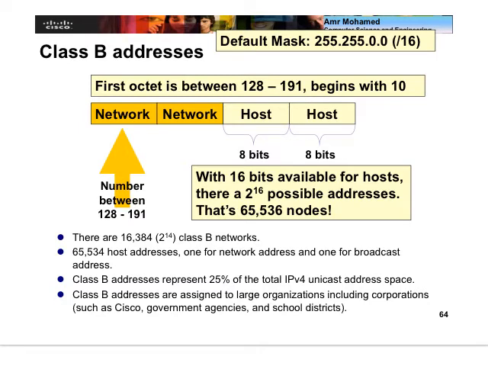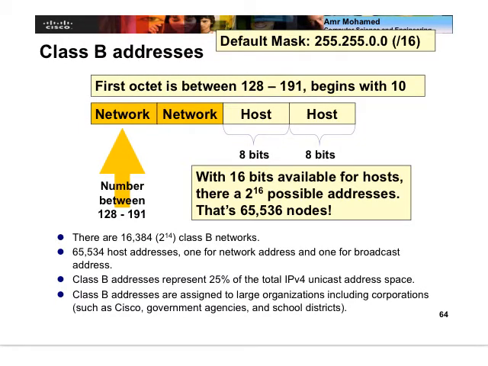In class B, we have from 128 all the way to 192. This is the range of the networks in class B. If the first byte is in that range, then this byte is also part of the network address.